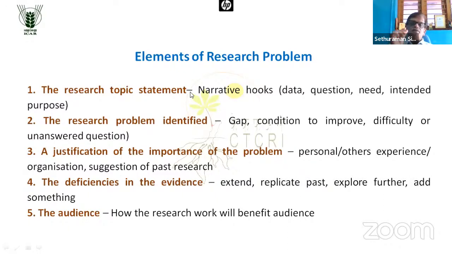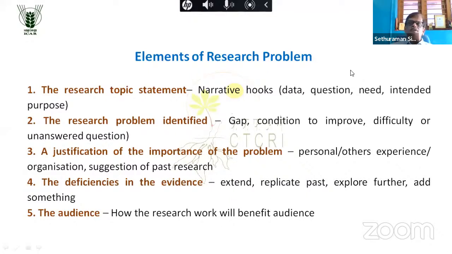But after the third, fourth or fifth paragraph in your research problem statement, you have to give the evidences. And who will be benefited from your work? The audience. Finally, your research problem should end by saying that my research work will help my research managers to justify the investment made in the extension program for promoting this particular technology.